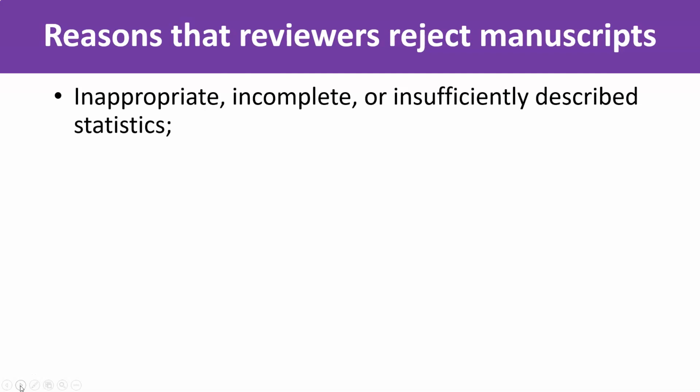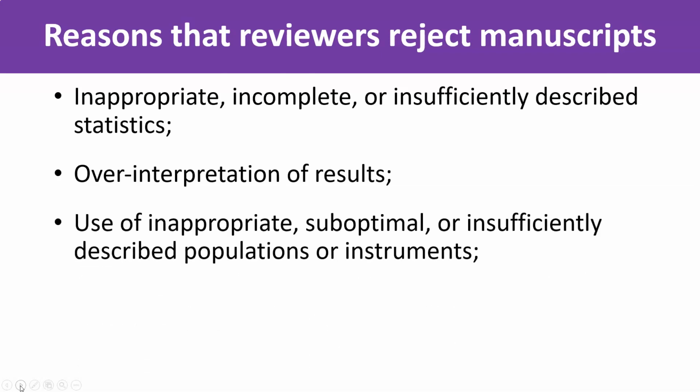Or if it is incomplete or insufficient, then the paper will likely be thrown away or thrown back at you, as the case may be. Now, if there is overinterpretation of results, or exaggeration, saying that your results say what the results didn't really say, that can lead to rejection.